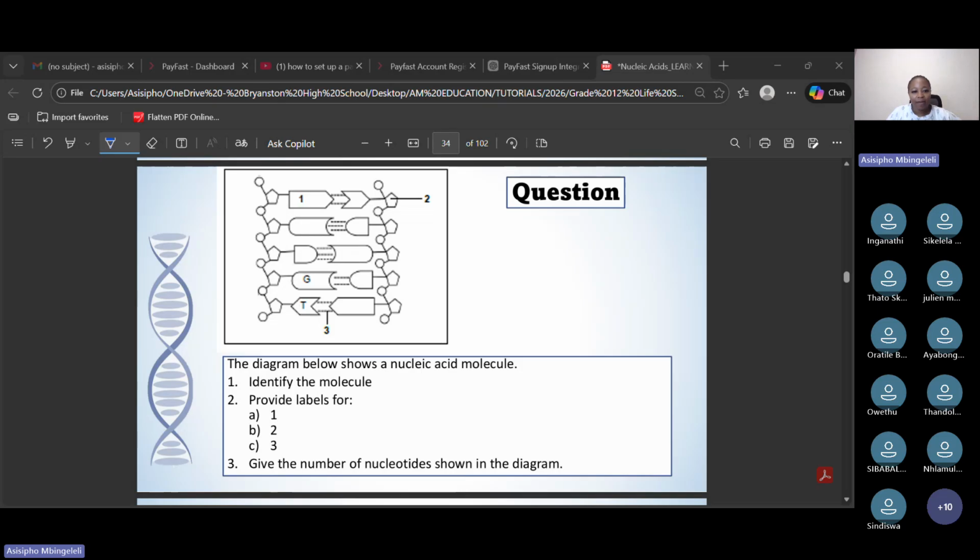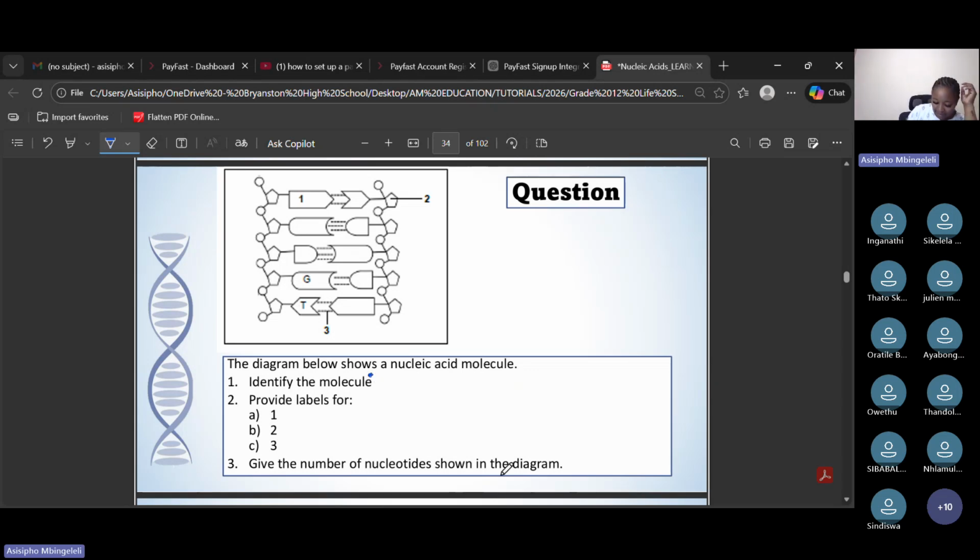All right. Thank you. The diagram below shows a nucleic acid molecule. So this is a nice, simple question just to check our understanding about DNA and RNA. The first question says, identify the molecule.